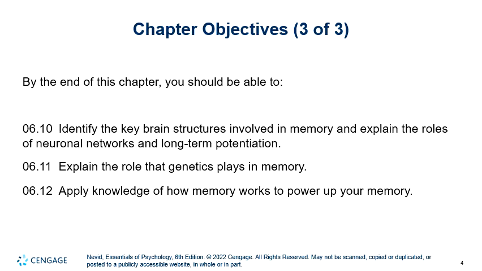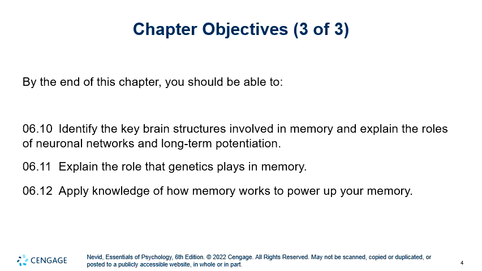We'll also look at the different brain structures that are involved with memory and the roles of neuronal networks and long-term potentiation. We'll also talk about genetics and how it plays a role in memory. And then last but not least, we'll learn how to apply that knowledge of how memory can work and how you can build your memory stores.